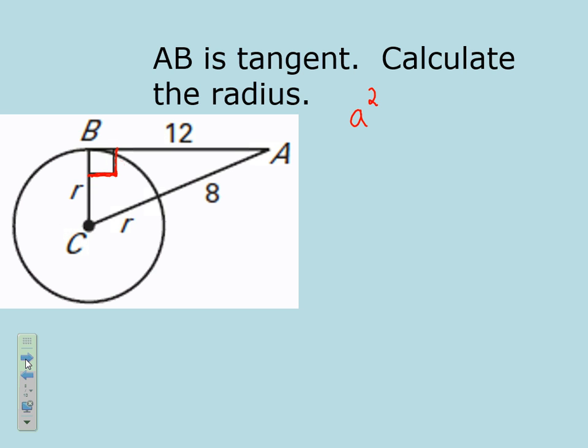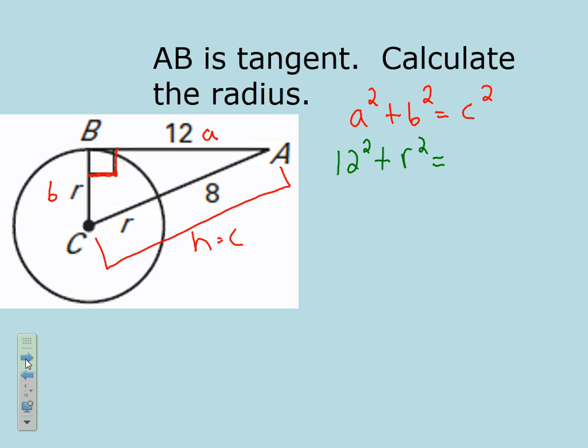So we have a squared plus b squared equals c squared. I'm going to call my 12 a, my r is going to be my b, and this right here, since it's across from my right angle, is my hypotenuse, or my c. When I plug this in, this is very important, ladies and gentlemen, how we're going to do this. This is going to be 12 squared plus r squared equals.